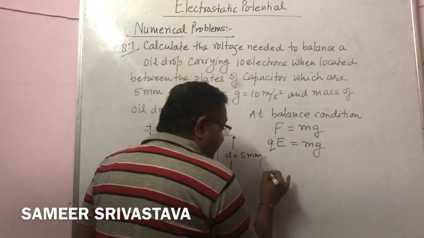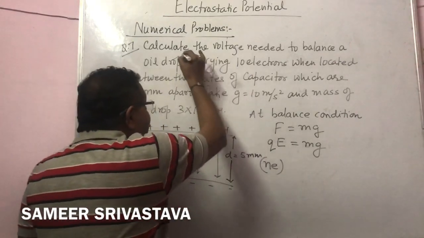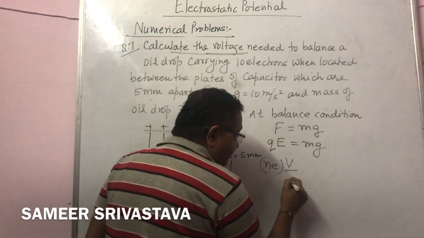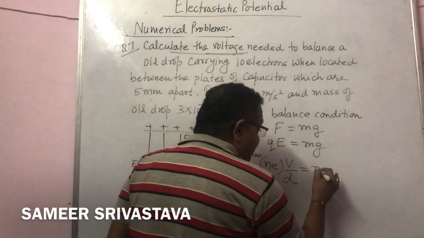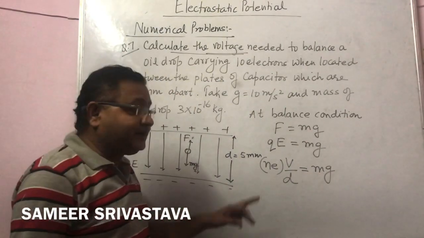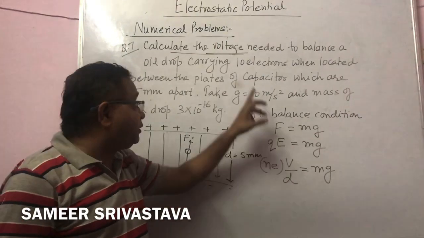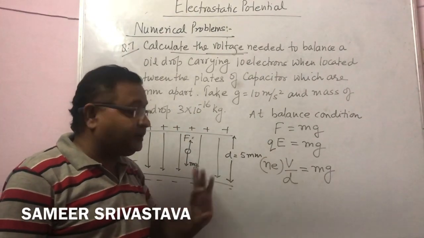So we can write Q equal to Ne, and we can find the potential. We write the electric field in terms of potential, that is, E equal to V upon d. So QE is equal to mg. Clear? We write Q is equal to Ne by the quantization of charge, and E is V upon d, because we have to find the potential or voltage.